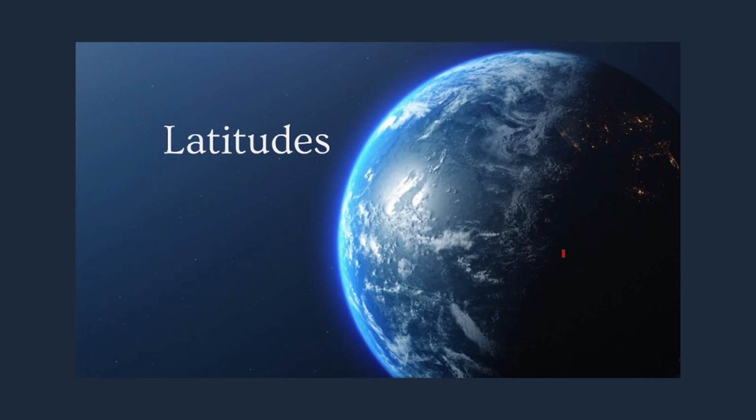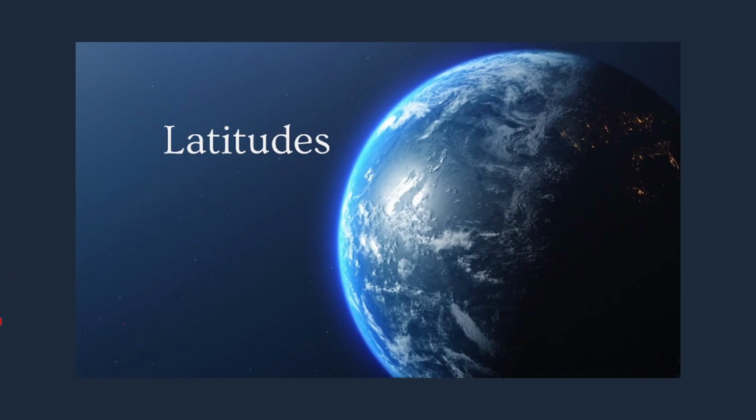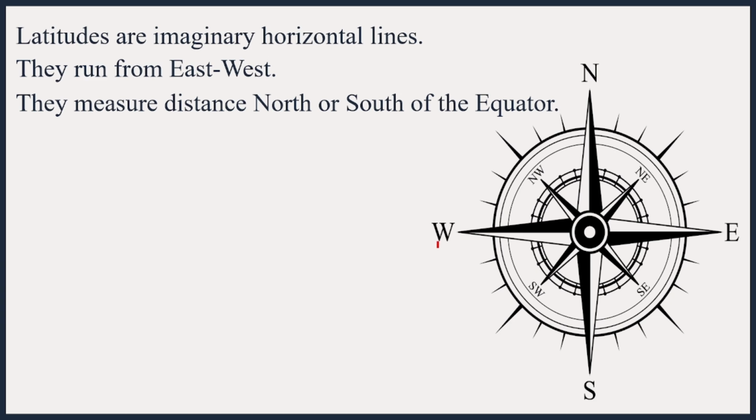Now, as I told you, latitudes pass from the east to the west direction. So from the eastern direction towards the western direction, there are imaginary horizontal lines passing over the Earth's surface. This is how the imaginary latitudinal lines pass over.